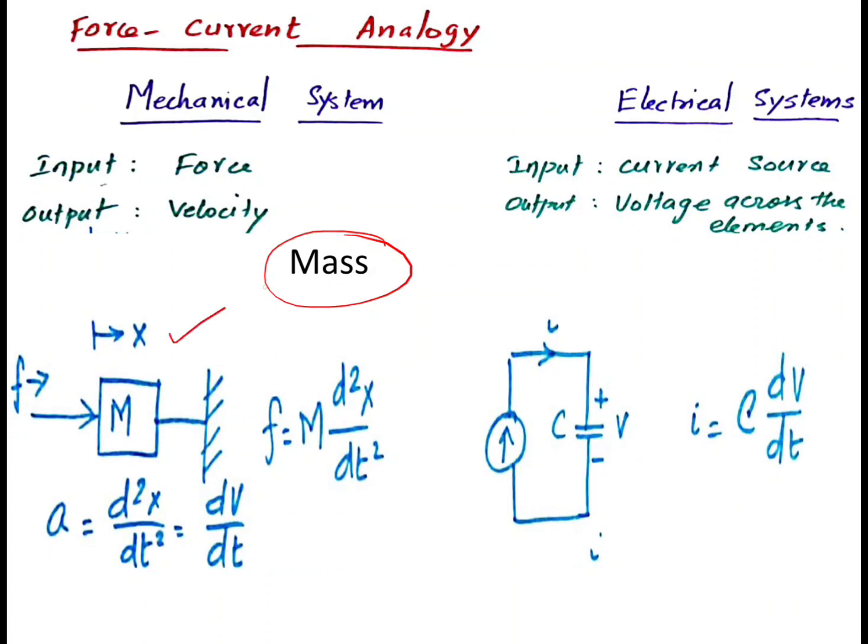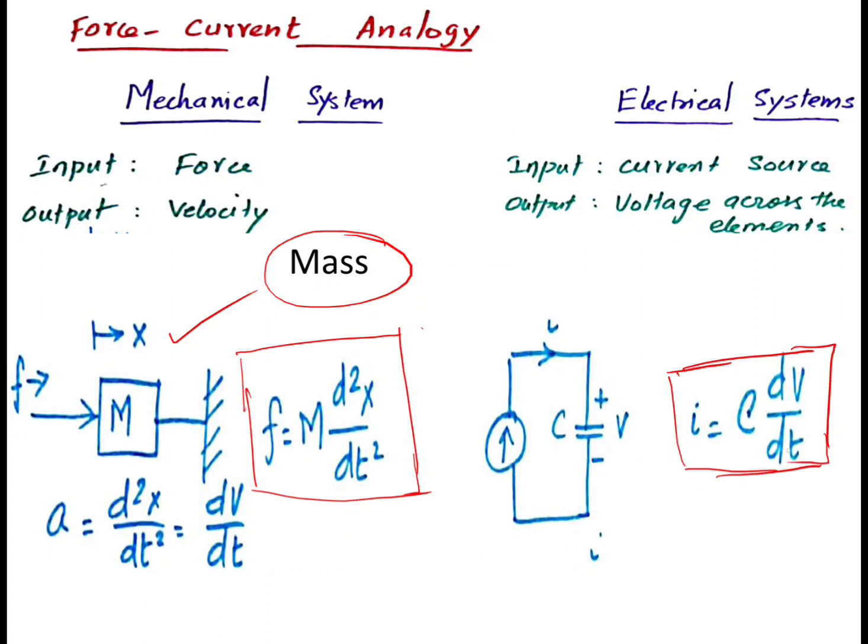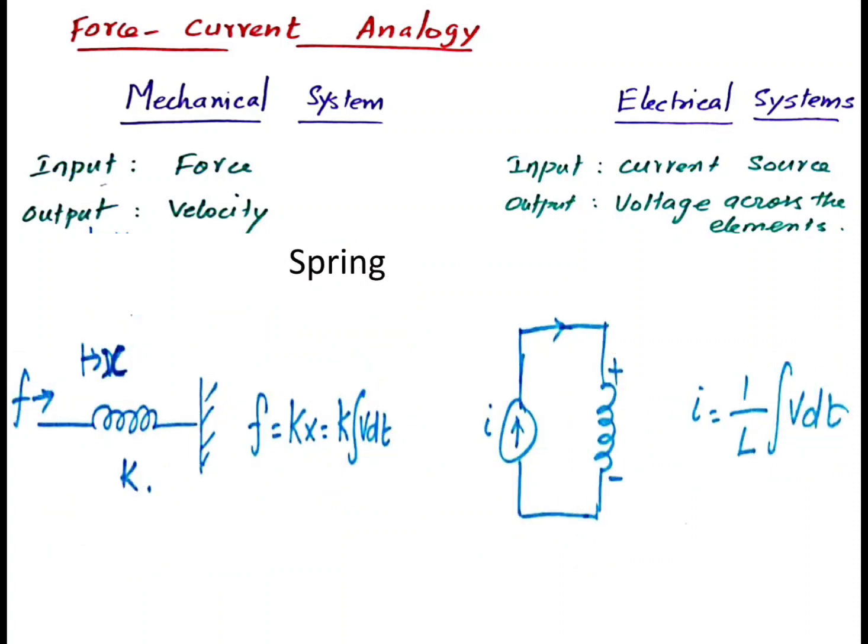So here it is a mass element, and F is equal to m d square x by dt square, and here the input current I is equal to C into dV by dt, where V is the voltage across the capacitor C. At the same time, the spring is equivalent to inductance.